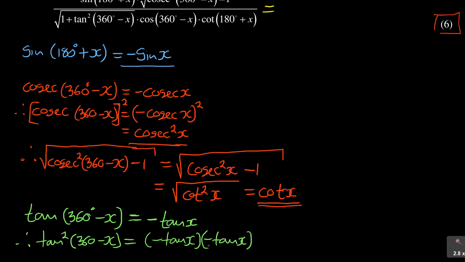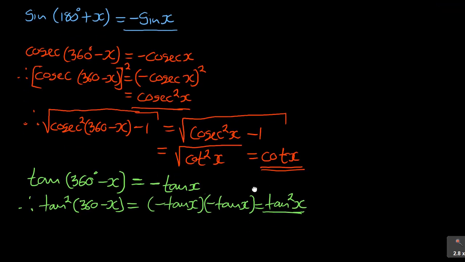So you've got minus tan x times minus tan x, and a negative times a negative gives you a positive, and tan x times tan x is tan squared x. So this is what I meant in the previous one for cosec. I'm just showing you the other way of putting a square, which is to write it twice.